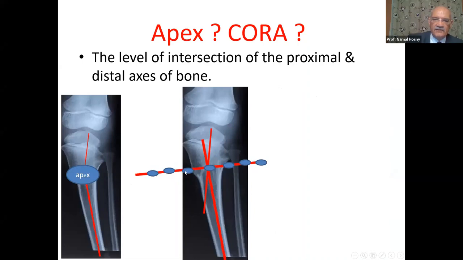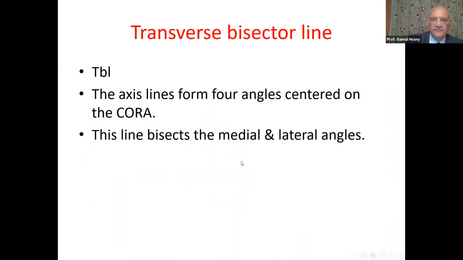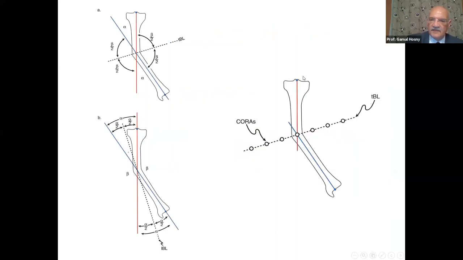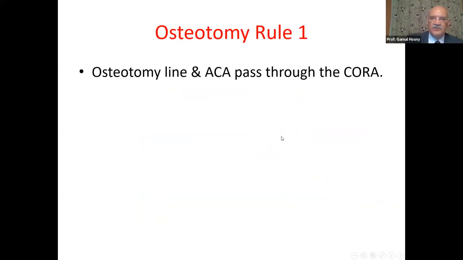And each point on the transverse bisector line is a CORA. Again, the axis of the proximal segment, the axis of the distal segment, the transverse bisector line, and the CORAs.